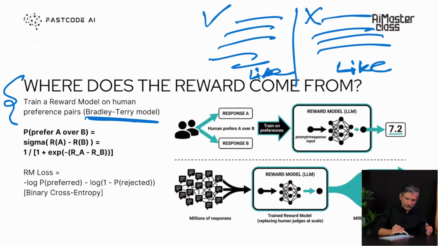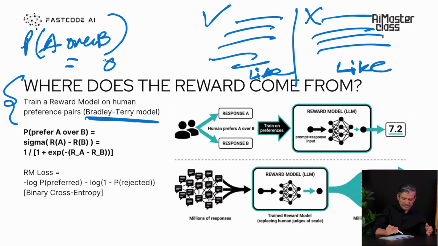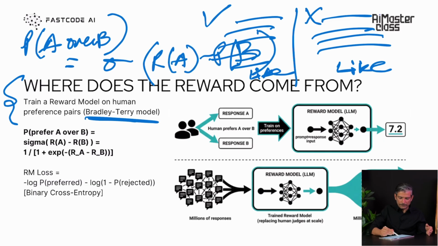And then you say, prefer A over B is given by a sigmoid over reward of A minus reward of B. Essentially it's 1 upon this exponential. So it's sigma of reward A minus reward B, and this is what we want to maximize.